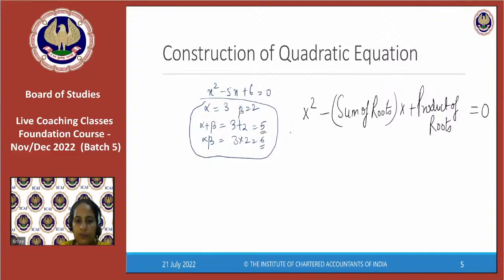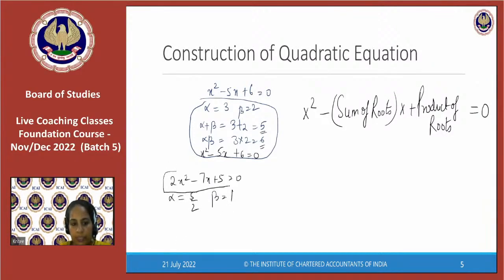So if I have to substitute this, it is x square minus sum of roots into x plus product of roots equals 0. Now coming to that other equation that I took, 2x square minus 7x plus 5 equals 0. Alpha here was 5 by 2 and beta was 1.